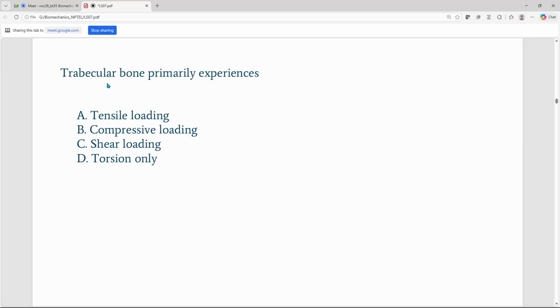Next question. The trabecular bone primarily experiences which among the following? Options are option A, tensile loading, option B, compressive loading, option C, shear loading, option D, torsion only.